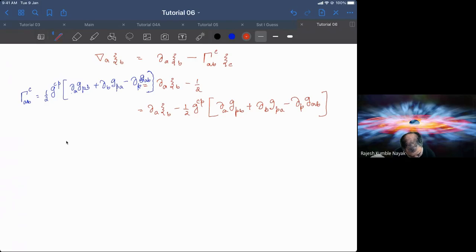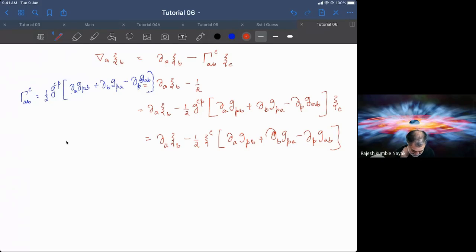Earlier we have assumed that this term is going to go 0, so this time we will not make it 0. So you have a GAB, okay, minus half times xi C, okay, into GA GPB plus rather GB GPA minus GP GAB.